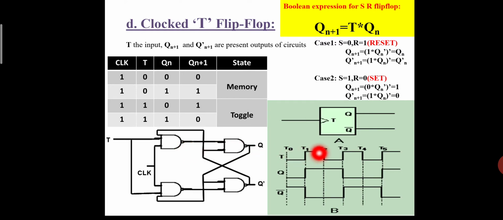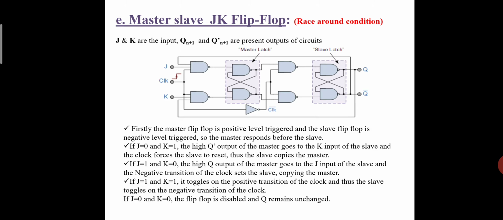So now the toggle will start in the Q state up to the T3 time period, and after time T3 up to T5 it is in memory state. After that again the toggle state will continue. So we can effectively use the toggle state of the T flip-flop in any kind of application.